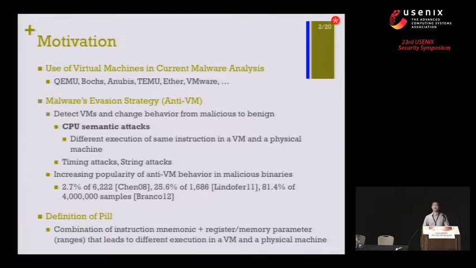In the area of testing system virtual machines, we define a pill as the combination of instruction mnemonics plus the register and the memory parameter ranges that lead to different execution in a virtual and a physical machine.